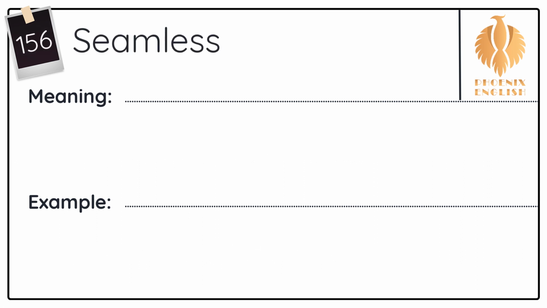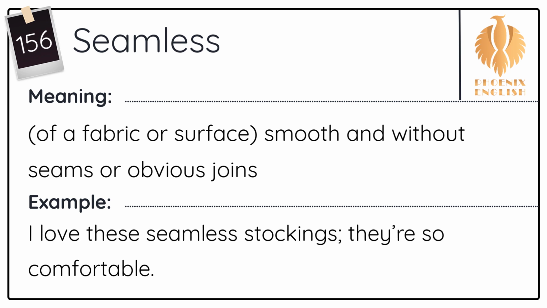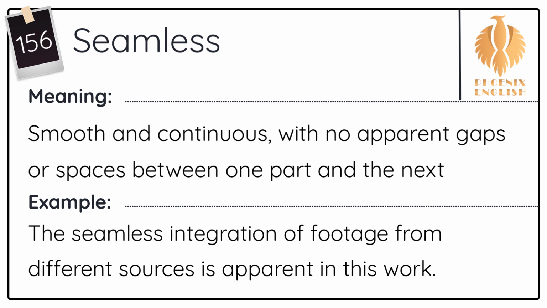Seamless. First meaning: of a fabric or surface, smooth and without seams or obvious joins. I love these seamless stockings, they're so comfortable. Second meaning: smooth and continuous, with no apparent gaps or spaces between one part and the next. The seamless integration of footage from different sources is apparent in this work.